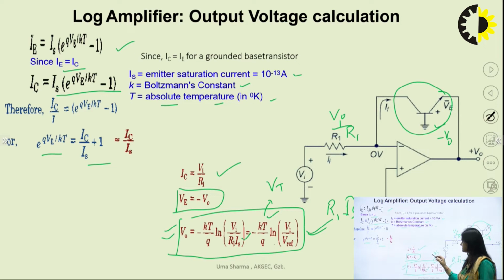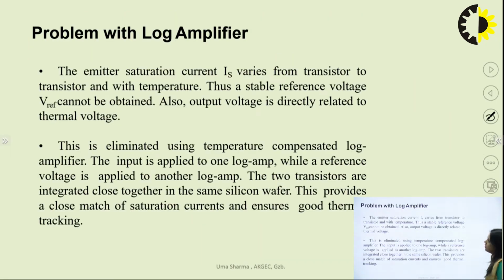If I increase the temperature, then definitely IS will also increase, so that will affect the V output. So one problem is with IS and the second problem is with the temperature. To overcome these two problems, we can design another circuit, which is known as a temperature compensated logarithmic amplifier.